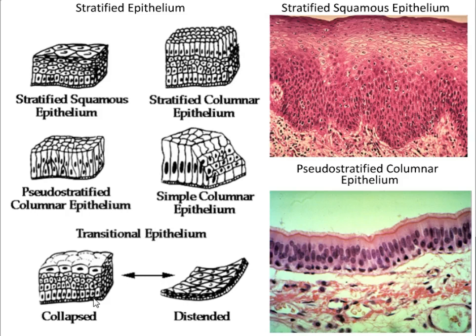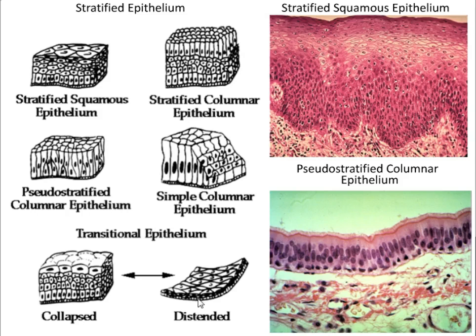Just one more type is a transitional epithelium, where if that tissue or organ is in collapsed form, you will find all the epithelial tissue layers arranged on each other. So it looks like stratified epithelium in a collapsed, that is relaxed, form. But when you stretch that tissue, it becomes flat, a single layer.